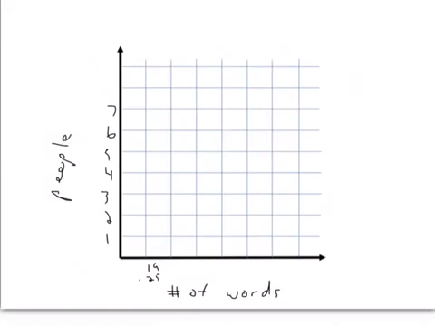6 people fell in my first interval, so I want to make a bar that goes up to 6. In my 26 to 30 interval, 4 people fell in there, so I want to go to 4.